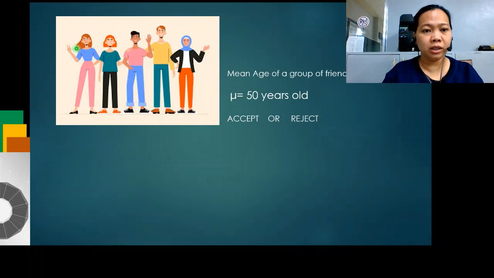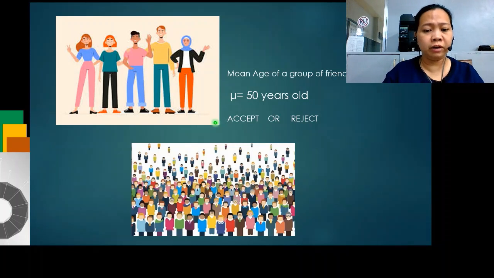Based on this alone, you can say that the assumption is not correct, because there are only 5 of them and they do not look 50, right?